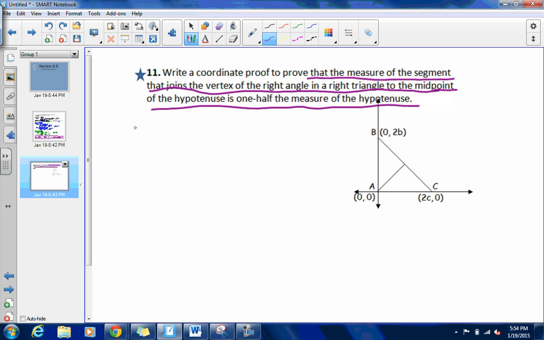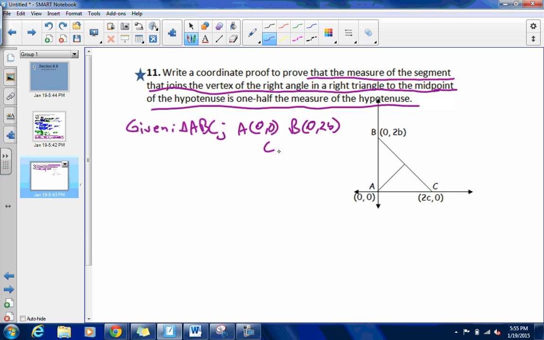So in other words, we're given triangle ABC, and we know that A is 0, 0, so that's at the origin. B is 0 and 2b. That means that height here would be 2b.